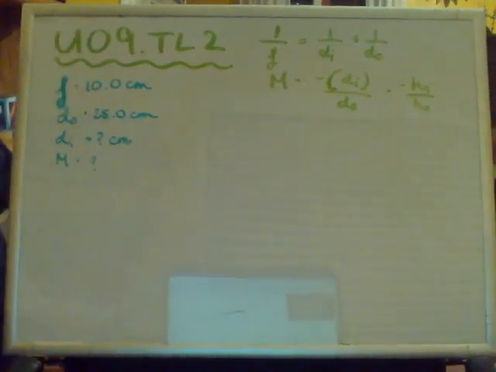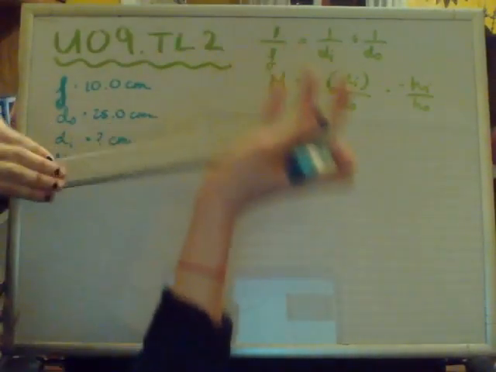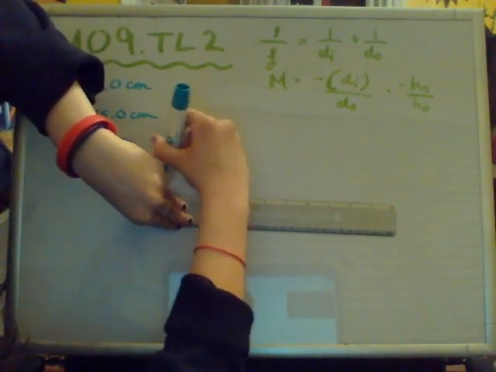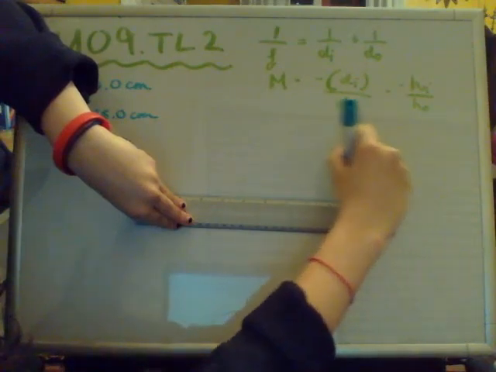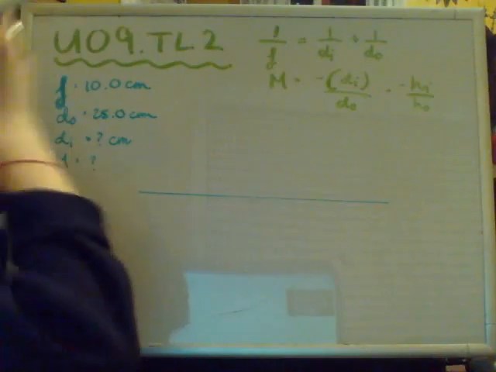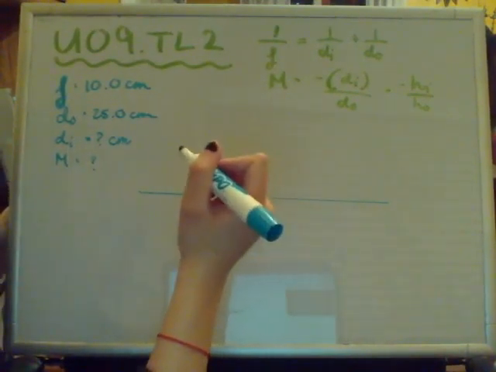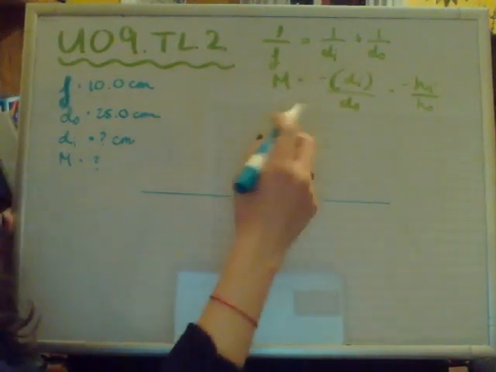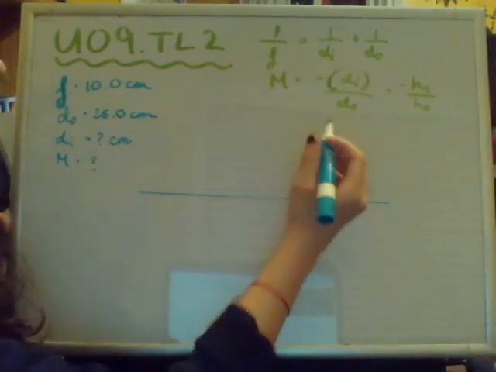So first we're going to have to draw our lens. So we have a straight edge. And a biconcave lens is drawn kind of like an hourglass shape.